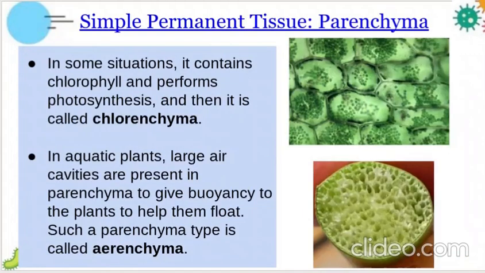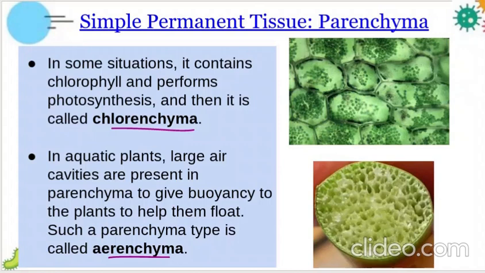Now parenchymal cells have two types of tissue. First one is chlorenchyma, second one is aerenchyma. Now what is chlorenchyma? In some situations, parenchyma also performs photosynthesis. So that kind of parenchyma which consists of chlorophyll and performs photosynthesis is known as chlorenchyma.